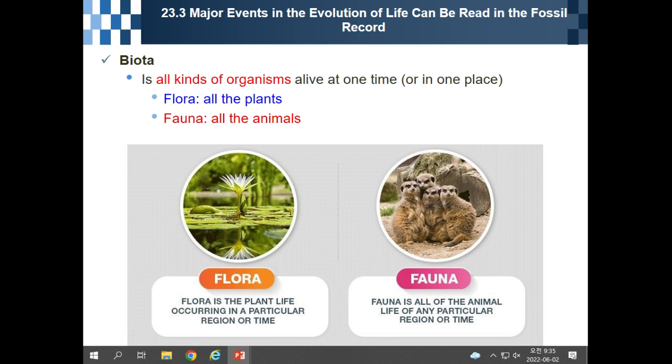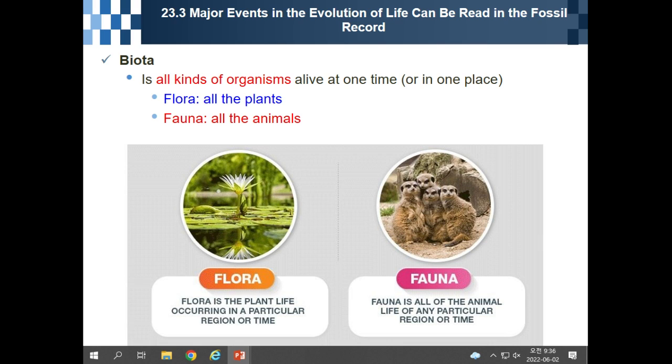So biota is like this, and inside here there is the flora, and there is also the fauna.